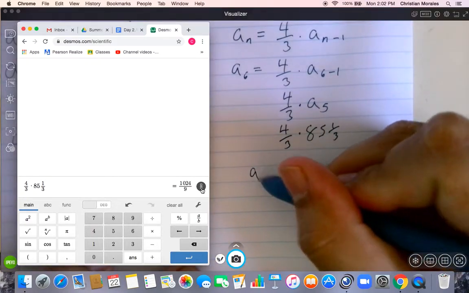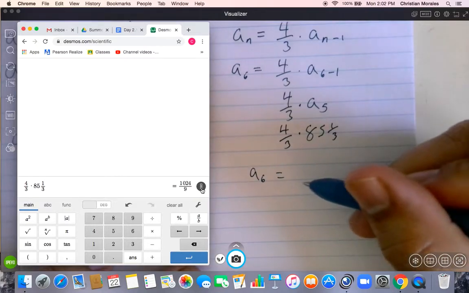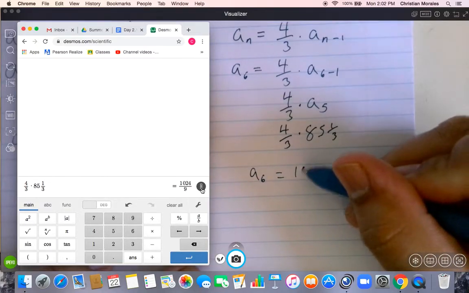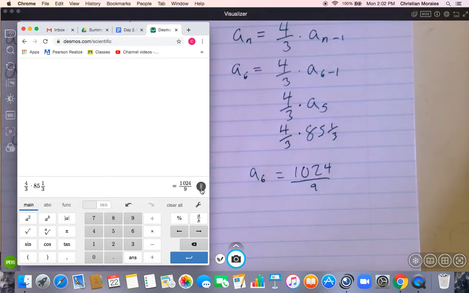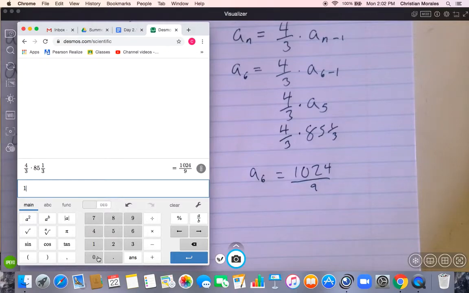So A6 is 1024 over 9. So you could simplify that, I guess. Divide that by 9. I know what we get.